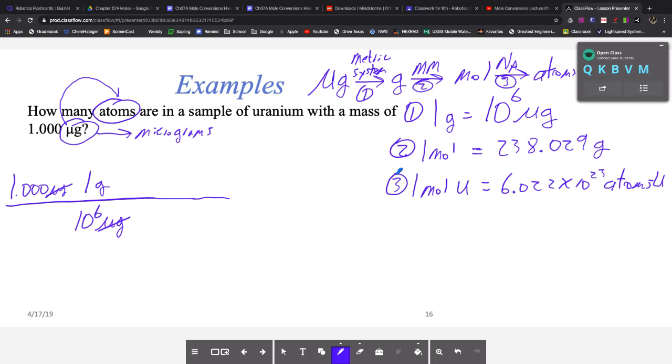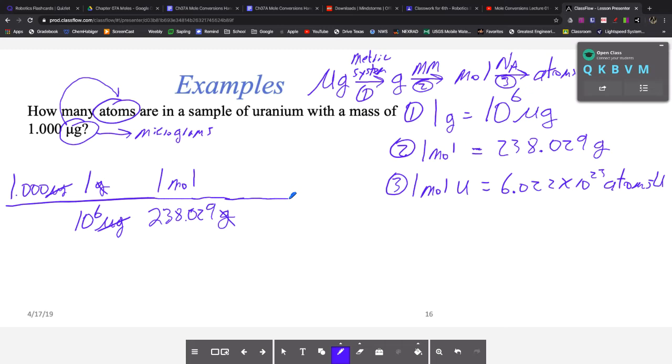Okay? So since we're trying to change it from grams to moles, right? We're going to use that second conversion factor. So since I have grams on top, I want grams on the bottom. So 238.029 grams on the bottom so that it'll cancel out the grams that are on top. And that's equal to 1 mole. So I put my 1 mole on the top. Grams cancel out.